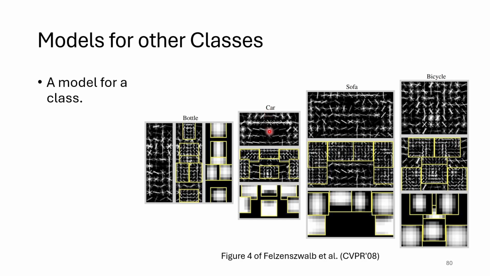And this is a car. You can see this is the shape of a car from the front. However, some cars are slightly wider, some cars are slightly higher, so the deformable feature allows some changes in their shape. And this is a sofa and a bicycle.